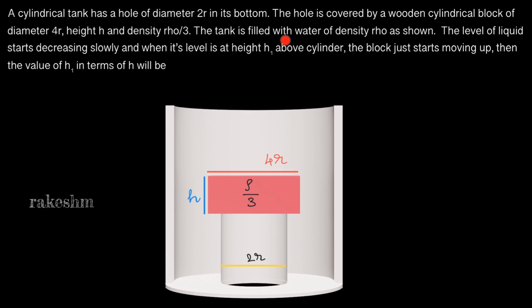The tank is filled with water of density rho as shown. The level of liquid starts decreasing slowly, and when its level is at a height h1 above the cylinder, the block just starts moving up.